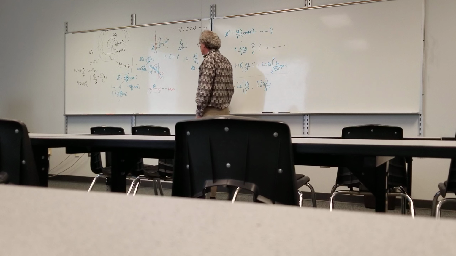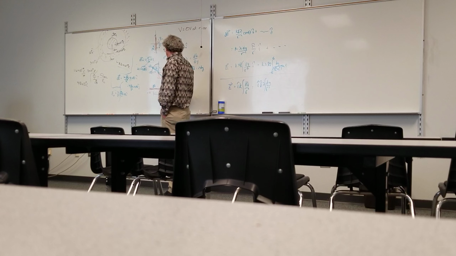And R, the relationship between, so that distance there is R. If that's y right there, then R would have to be 10 minus y, because y is a negative number.